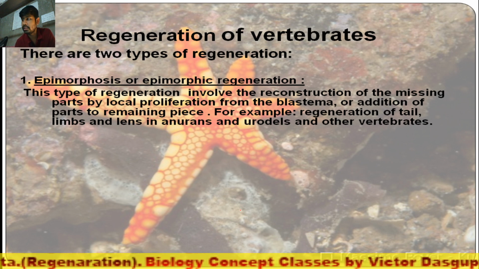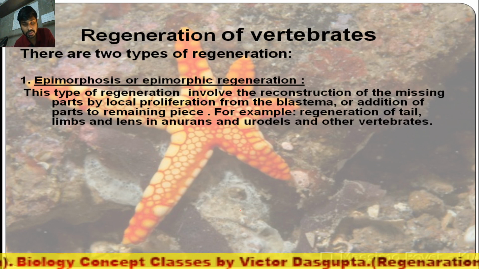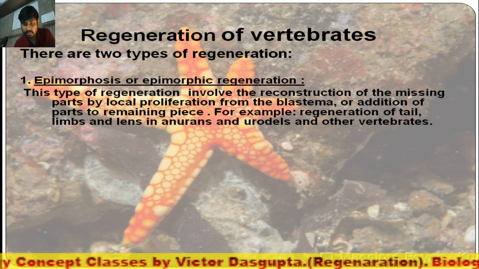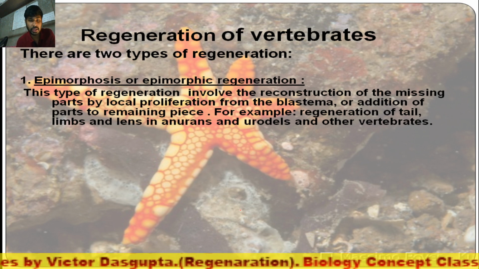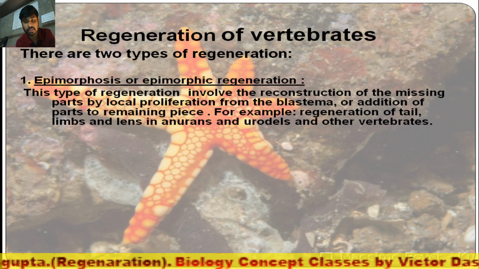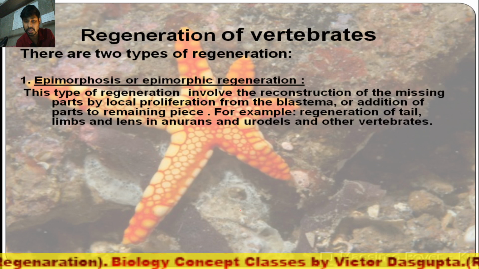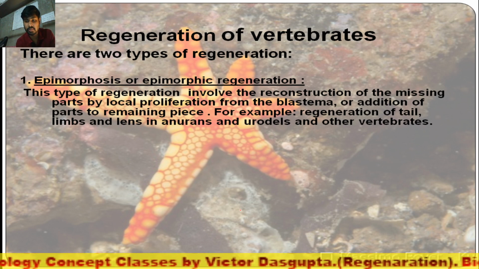For example, regeneration of tail, limbs and lens in anurans and urodeles, which are amphibians, and other vertebrates. So epimorphosis is the type of regeneration involved in the reconstruction of missing parts. This is the important thing: the missing part will grow by the formation of the blastema.